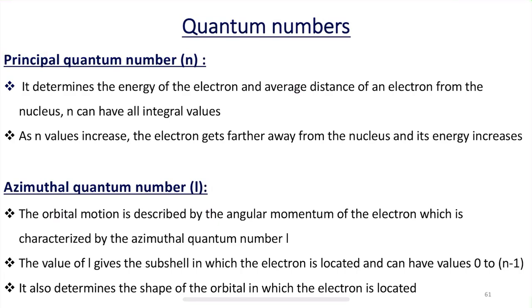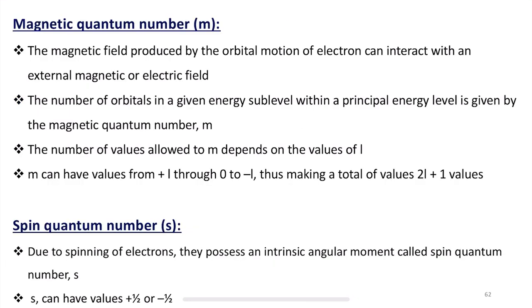The value of l gives the subshell in which the electron is located and can have values 0 to n minus 1. These subshells are S, P, D and F, and it also determines the shape of the orbital in which the electron is located. And next is the magnetic quantum number.